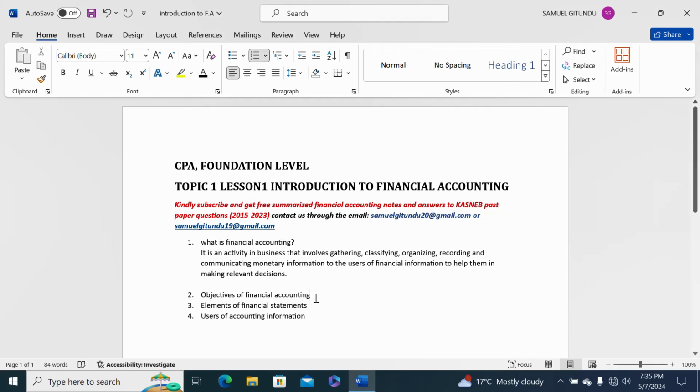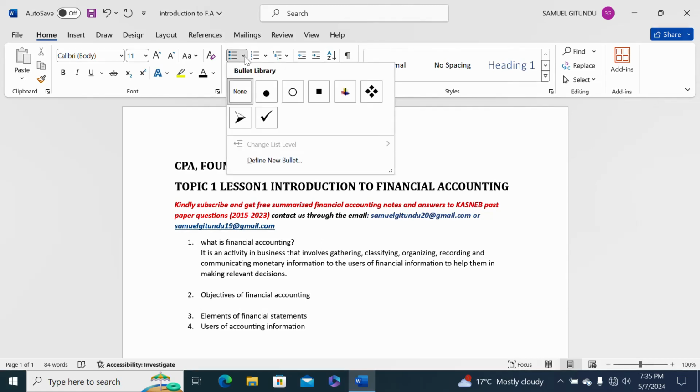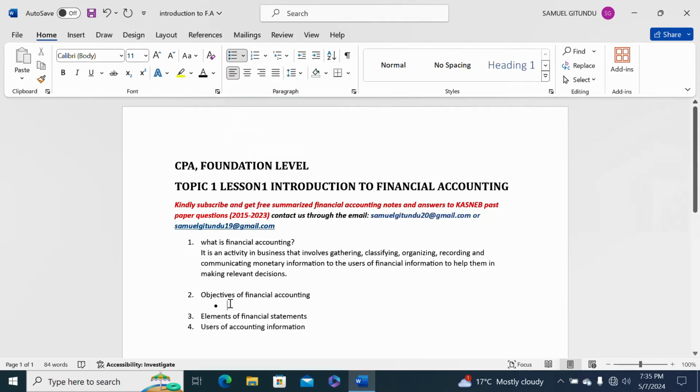Then we go to the objectives of financial accounting. What are the objectives of financial accounting in a business? The first objective of financial accounting is to systematically record transactions.